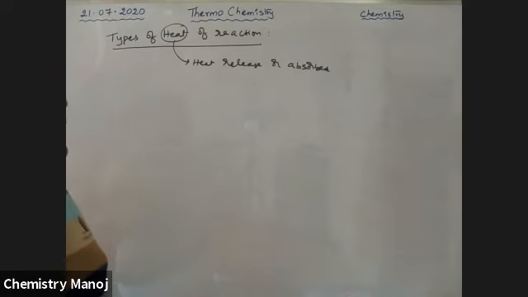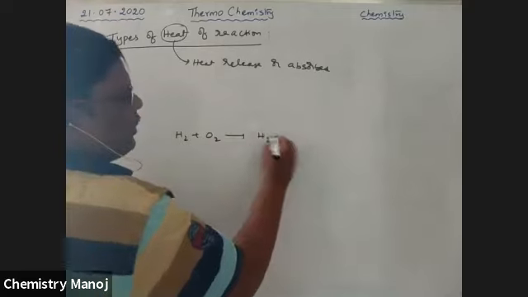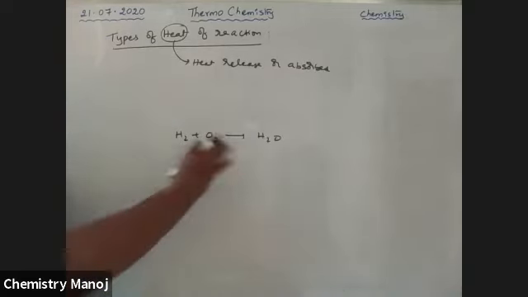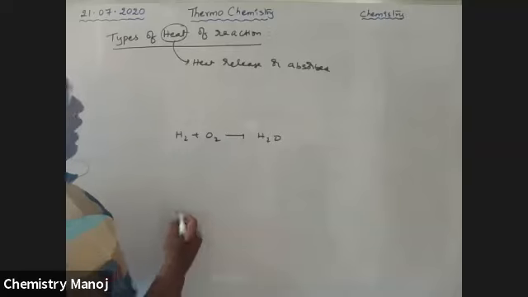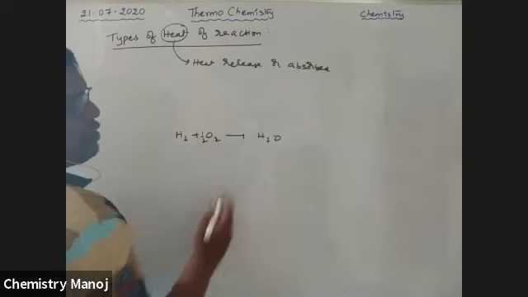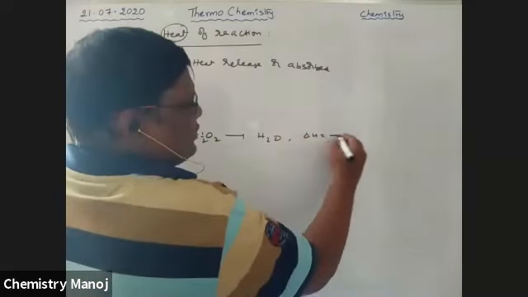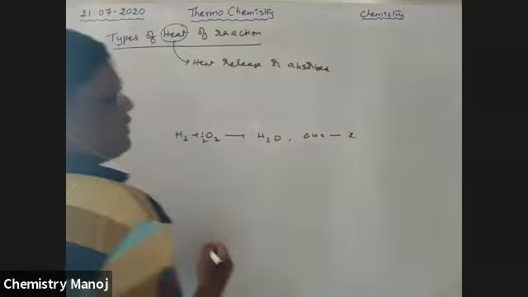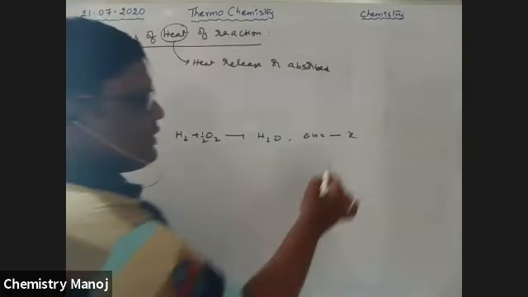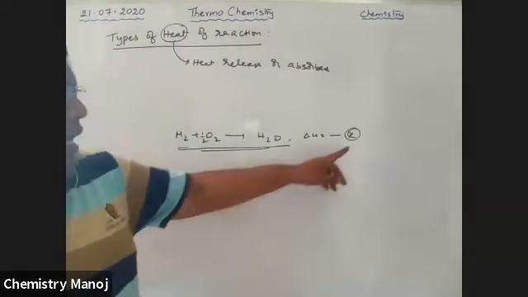For example, hydrogen gas reacts with oxygen gas to give H2O. It is a reaction. Now I'm balancing this equation with half oxygen: H2 plus half O2 gives H2O. During this process some energy is released. Let it be minus 6 kilojoules. This is the amount of energy released during this reaction.